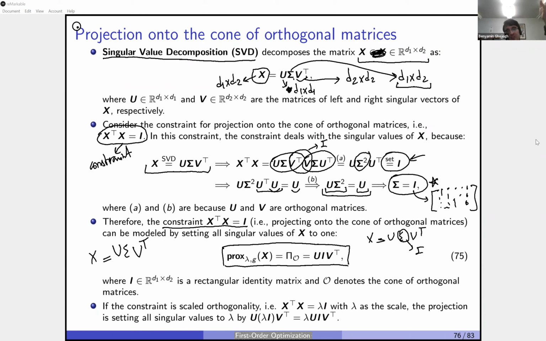Then this is the projection of X onto the orthogonal cone, the cone of orthogonal matrices.